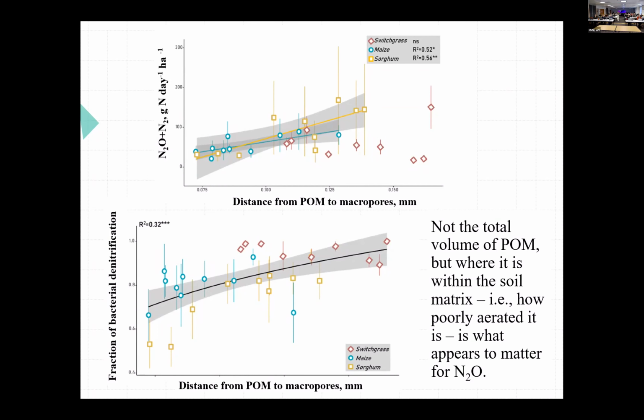And if you think about those fragments of POM in those relatively anaerobic conditions as hotspots of nitrous oxide production, then it makes perfect sense. And with CT scanning, one can actually quantify and understand that.